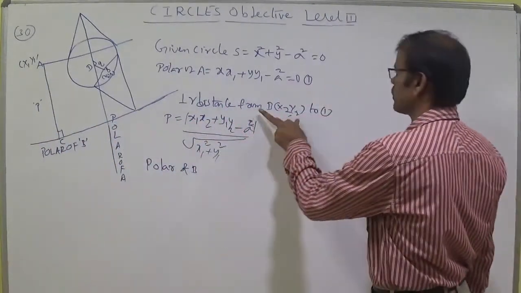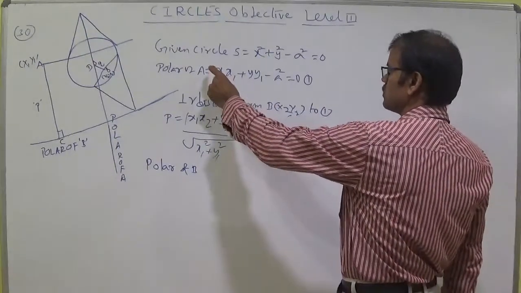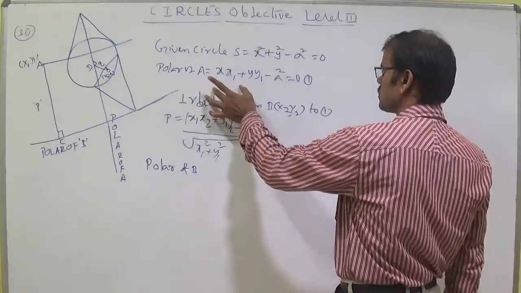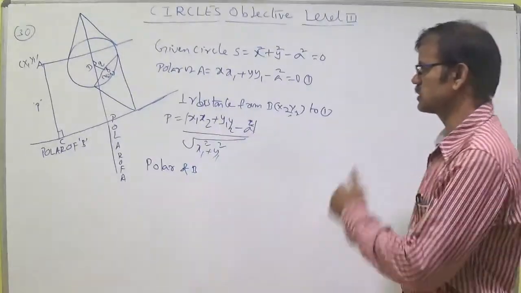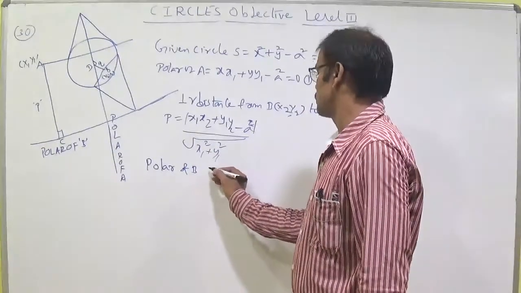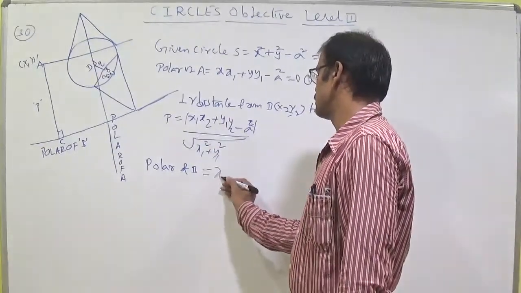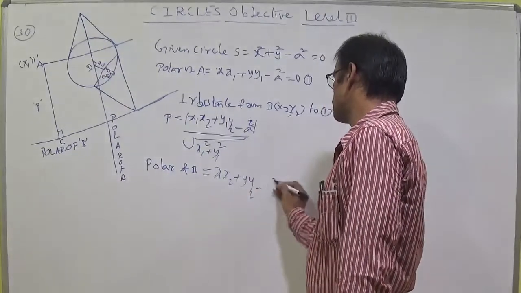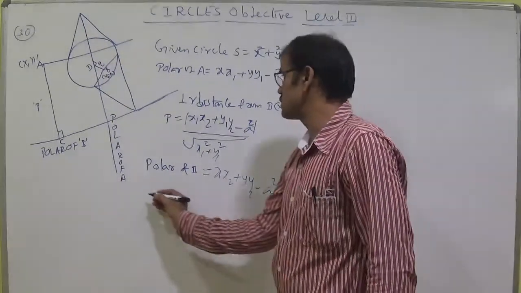Perpendicular distance from x2 comma y2: here you should put x2 x1 plus y2 y1 minus a square over root of x1 square plus y1 square. Exactly right. Polar of B, let us write the notation: xx2 plus yy2 minus a square.